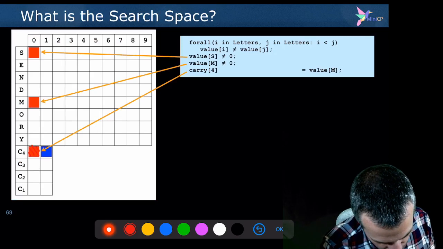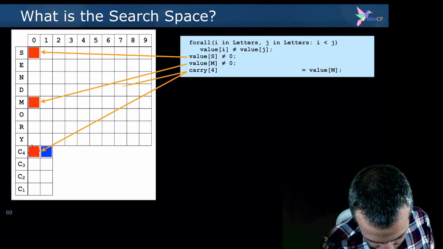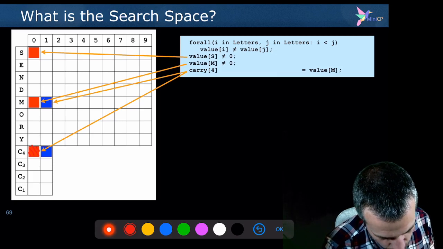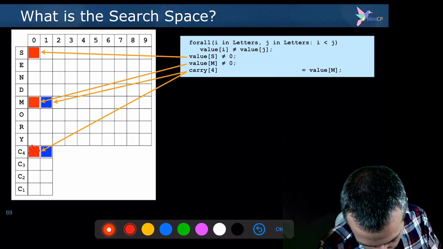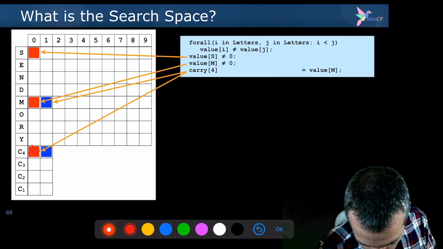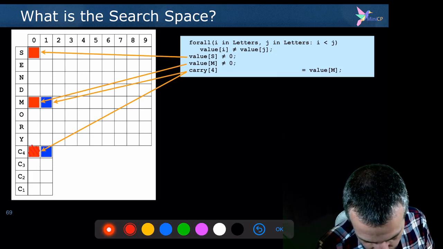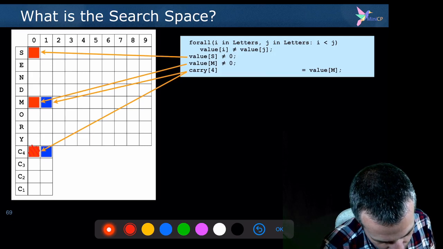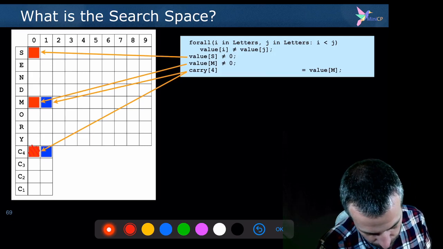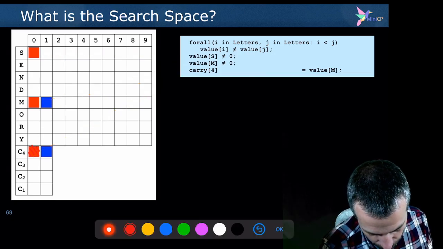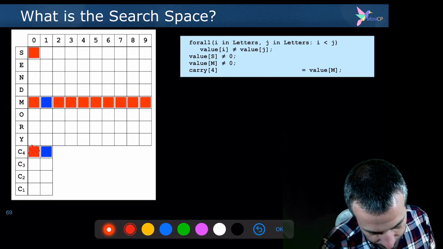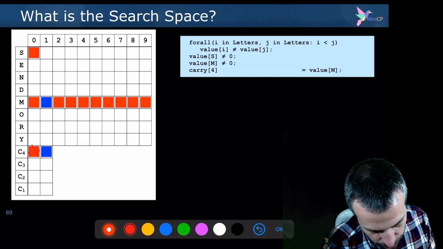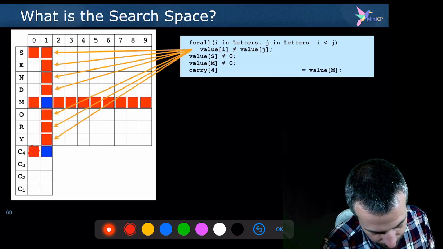It means that M is now also equal to 1, because the value of M is equal to the value of carry 4. And since this one is 1, as a consequence, you will remove the other values from the domain of this variable.